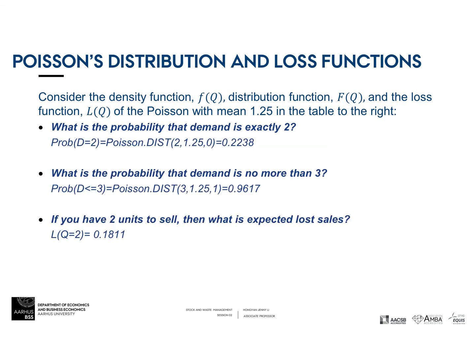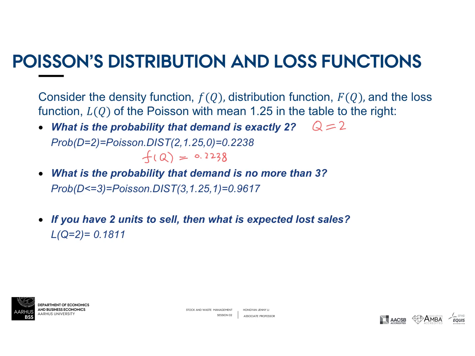So the first question is: what is the probability that the demand is exactly 2? In other words, if Q equals 2, then D equals 2, and if we use the table in the previous slides, this should use small f(Q), so it equals the same value. And of course you can also use the Excel function, and you find the same value.